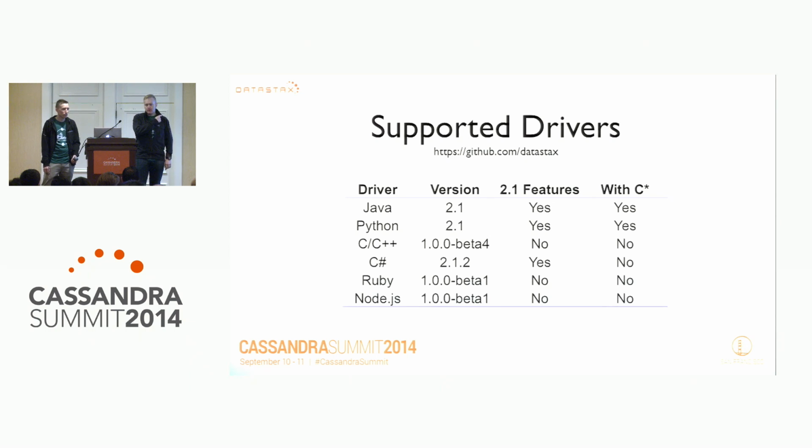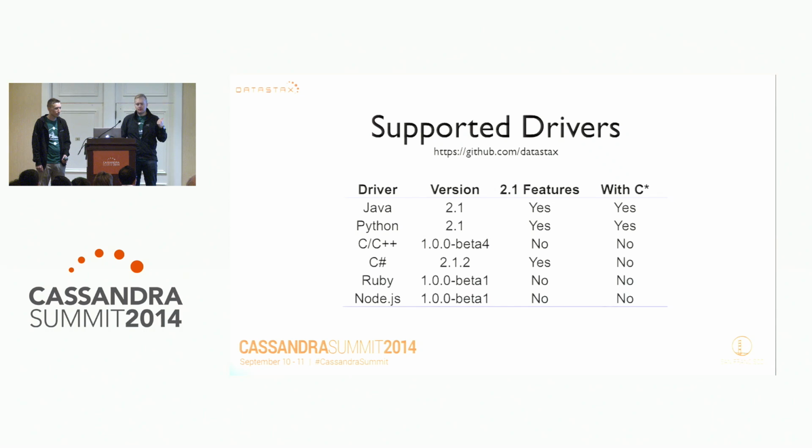All of those drivers were released today with Cassandra, 100% feature parity, right? Also, the C# driver, also feature parity. The Java and Python drivers are actually distributed with Cassandra. So if you're running the newest version of Cassandra, you've got the jar right there. You can just point your app at it and go.